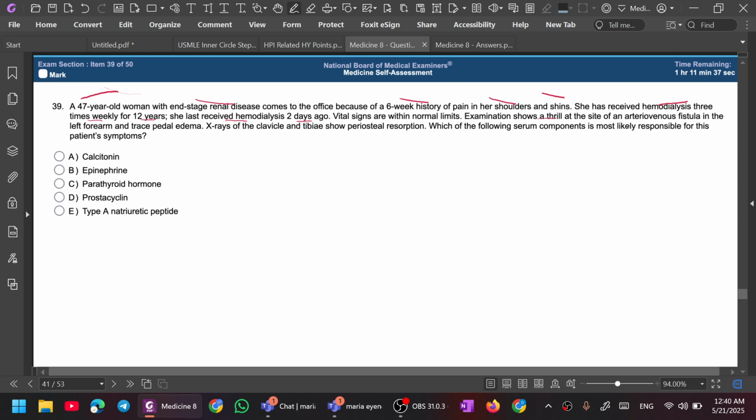Examination shows a thrill at the site of AV fistula in the left forearm and trace pedal edema. X-ray of the clavicle and tibia show periosteal resorption. Which of the following serum components is most likely responsible for these patient's symptoms?